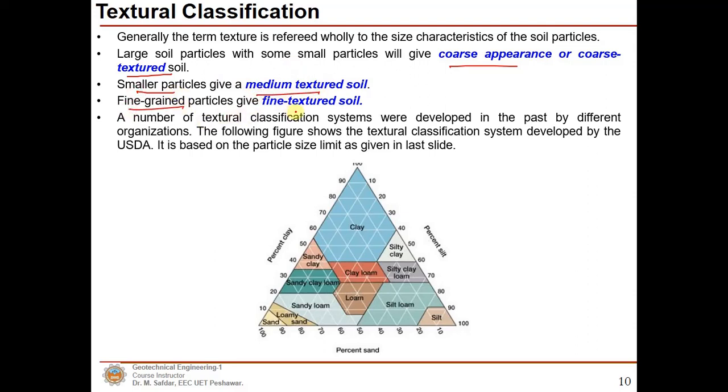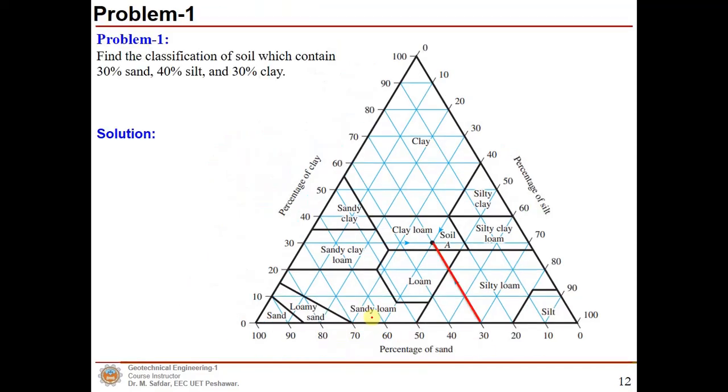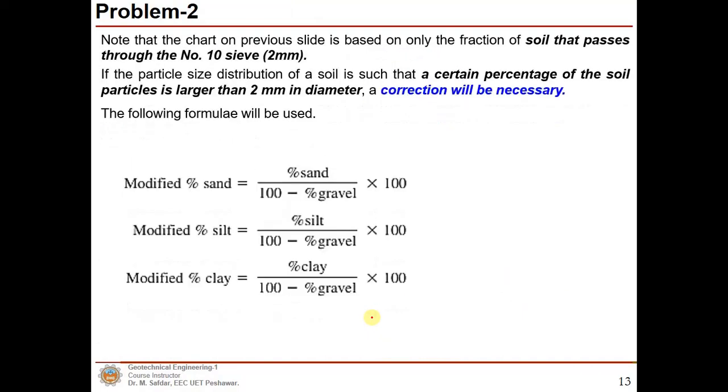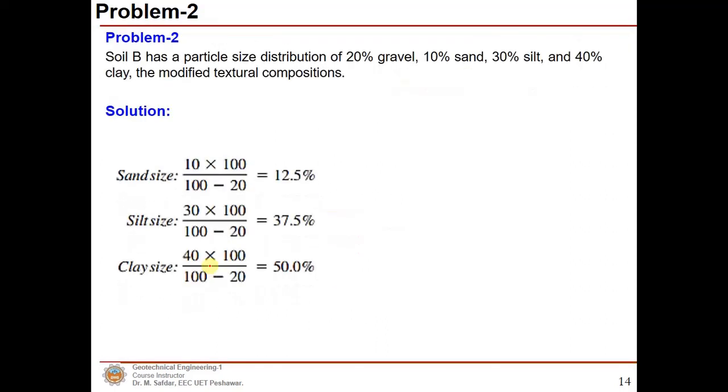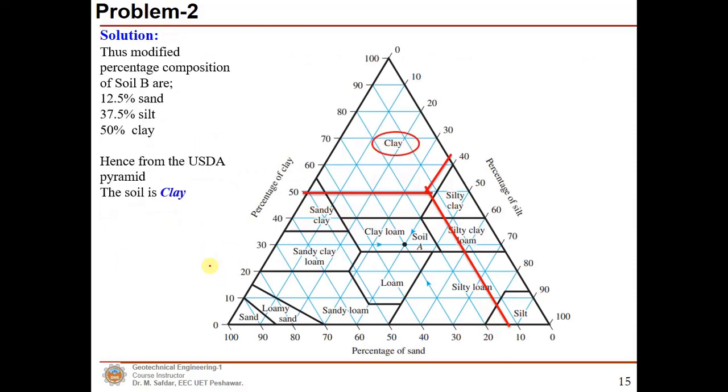The fine grained particles give us the fine texture, and the pyramid was also discussed based upon the percentage of clay, percentage of silt, and percentage of sand, and the intersection point will give us the type of soil. Then we solved a few problems on it, and the correction which will be necessary if gravel is present in that particular soil. So we need to subtract that from 100% if we need to find the sand, silt, and clay. And we also solved a problem on it, and we classified the soil.